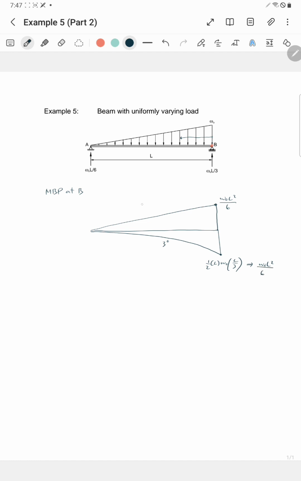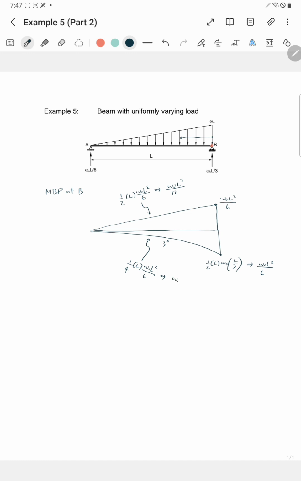Then next, we solve for the areas. So for the triangle, the area is 1/2, the base is L, the height is WOL square over 6, simplifying, WOL cube over 12. Then for the 3rd degree spandrel, the area is 1/4. Kapag 3rd degree na, the area is 1/4 times the base L times the height WL square over 6.